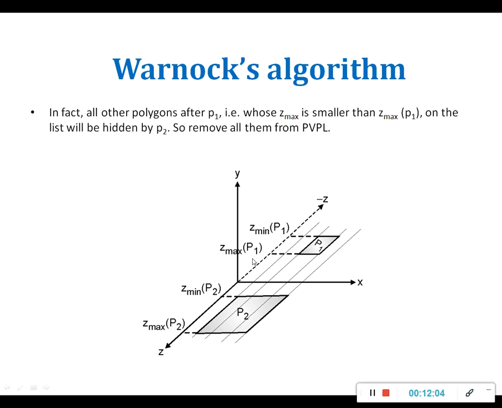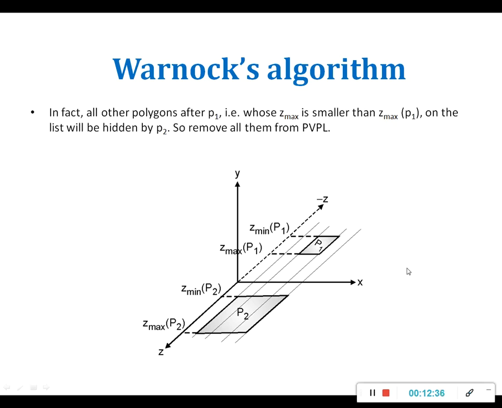So if there are a number of polygons behind P1, and their Z max is less than the Z max of P1, then all those polygons will be hidden by the main polygon P2, because its values are larger than all the values of the next polygons. So we are going to remove all of those polygons from this PVPL list.